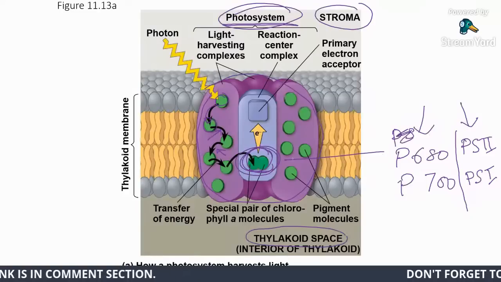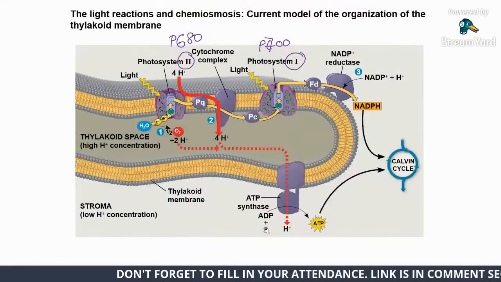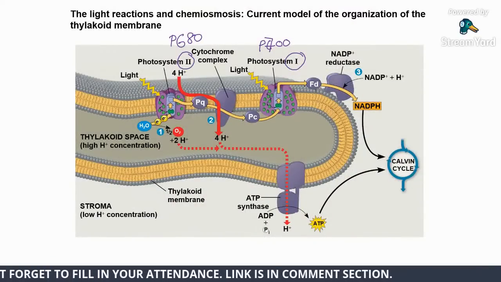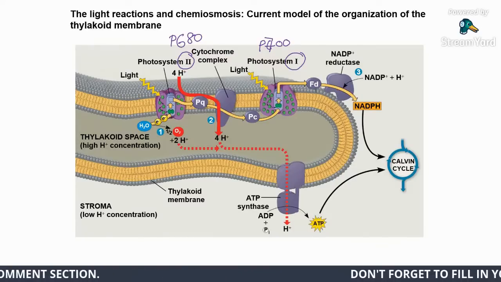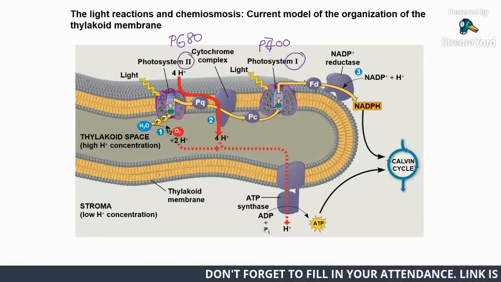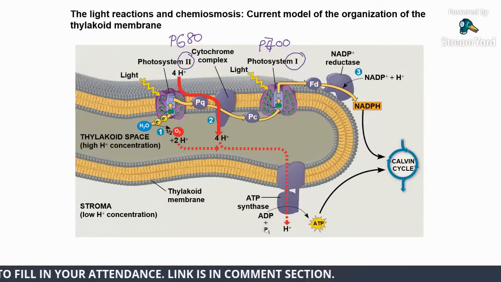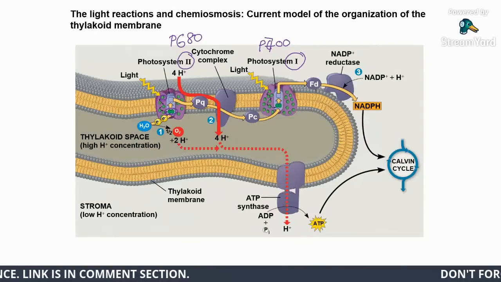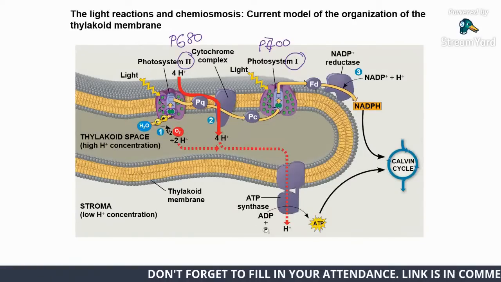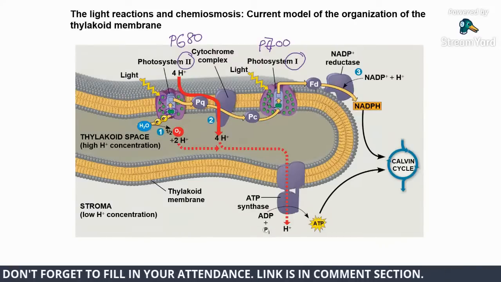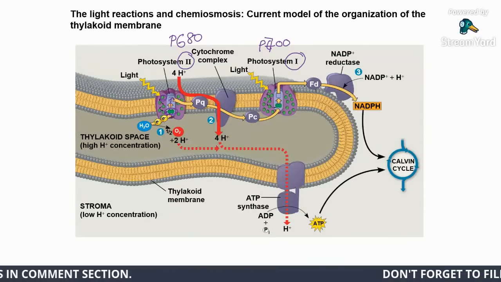P680 or P700 refers to the pair of chlorophyll A. Right, so to simplify the linear electron transport, the first step is light hitting the pigment. The energy is transferred from one pigment to another pigment until it arrives at P680, and as P680 receives energy, the electron is excited and received by the primary electron acceptor.